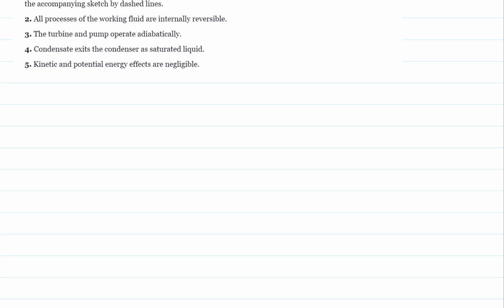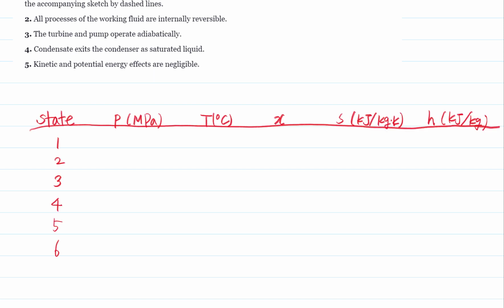Again, I'm going to start with the tables to organize the data. So we will need to know the enthalpy at each state for calculating various quantities in this problem. So let's start with state 1. At state 1, we know the pressure and temperature.